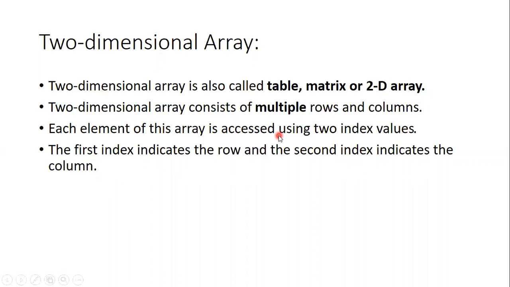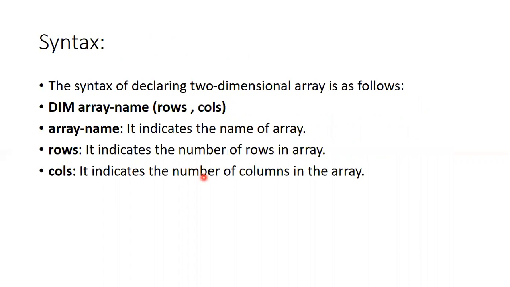If we want to access any element of a two-dimensional array, then we will have to use two index values. The first index value would be used to access the row, and the second index value would be used to access the column. Let's see what the syntax of declaring a two-dimensional array, or a table or a matrix, is in BASIC language. The syntax is as you can see in the second bullet.